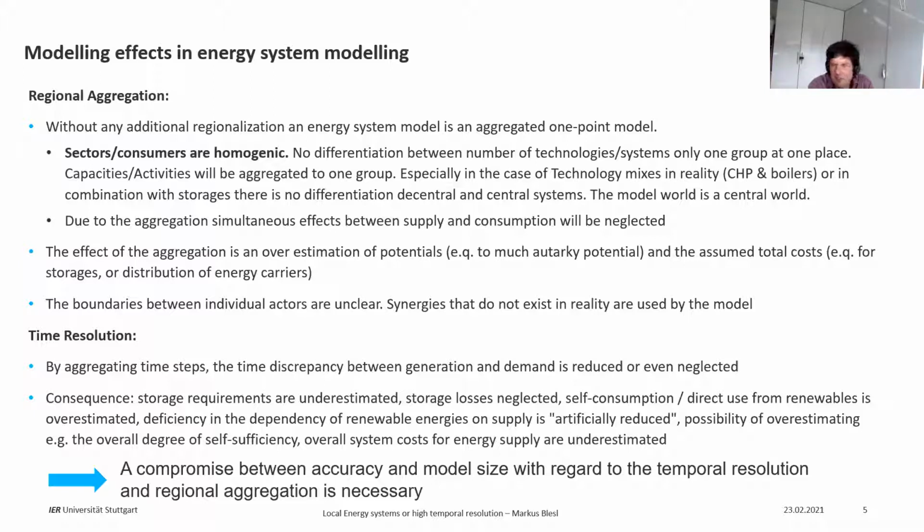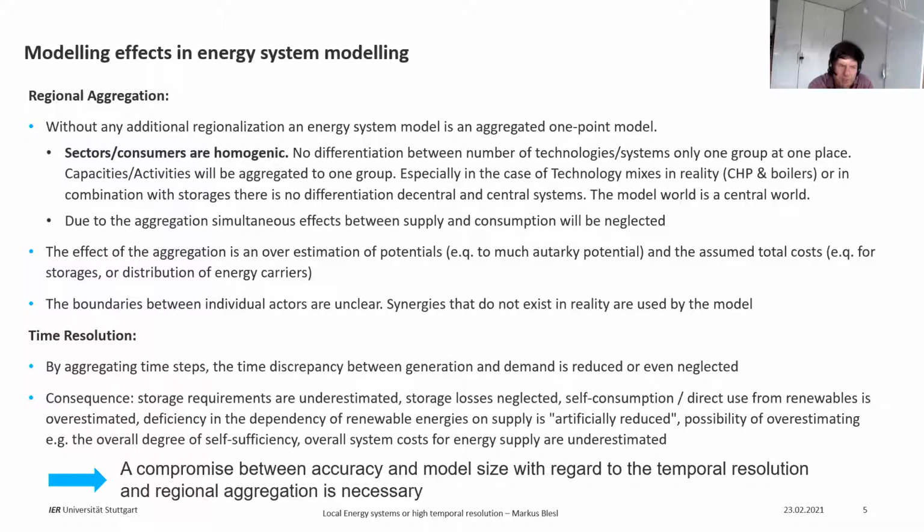And the assumed total costs for storages or for distribution energies are much lower than you normally have in reality. And you are also not able to model individual actors. So you have in the model synergies which do not exist in reality.